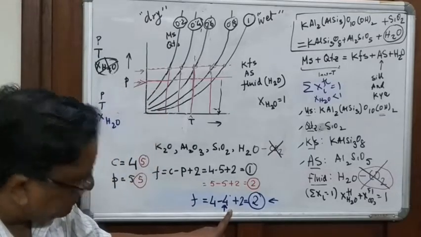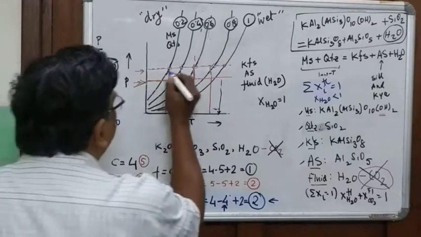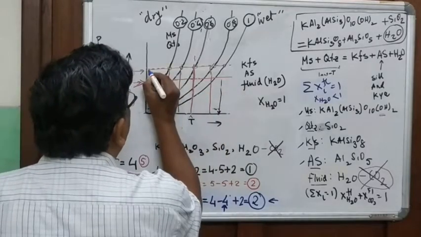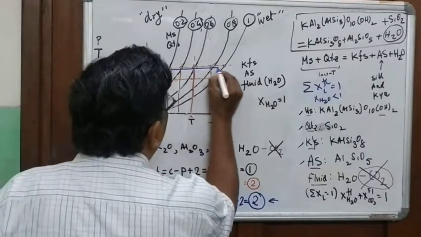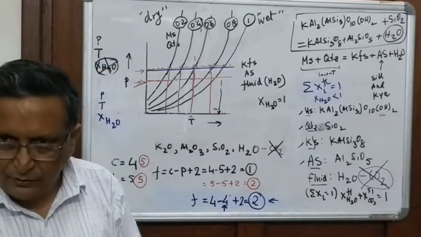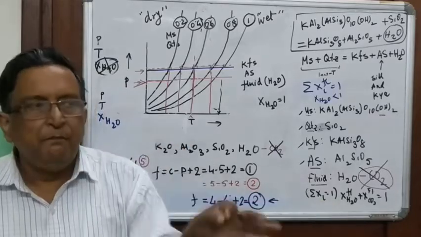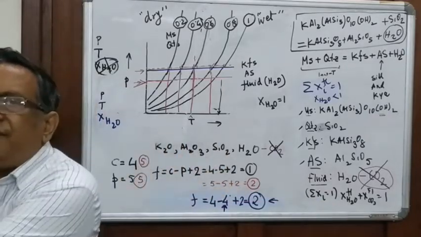So here we have 4 phases. So now you can see we are back again to the same situation. So I draw the blue line. Right? So I take a P value. That means I have introduced an equation. P is equal to 5 kilobar.